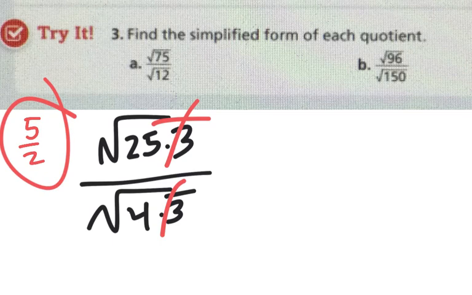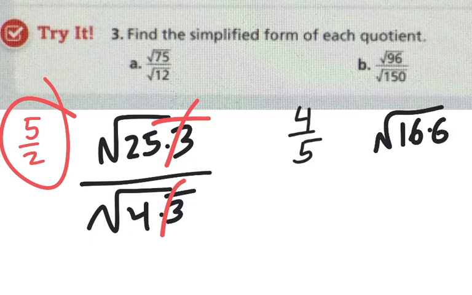Pick a number, 3 through 5. It's 3. Pick a number, 1 through 2. It's 2. B part. 4/5. What do you guys think? Again, that is correct. We just did the square root of 96. We could rewrite that to be 16 times 6.